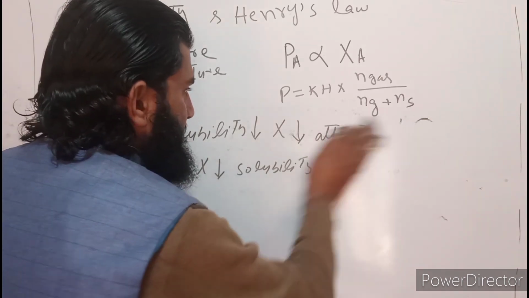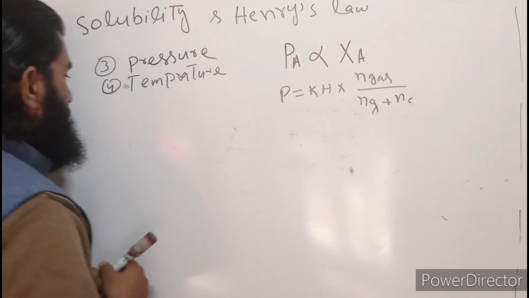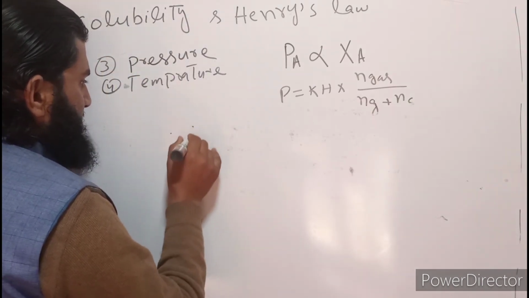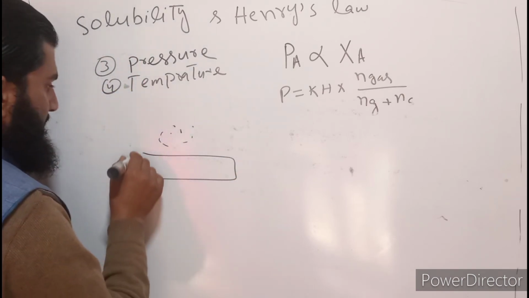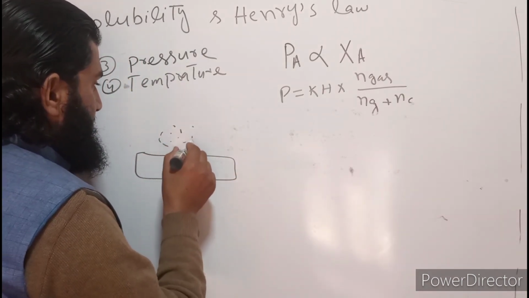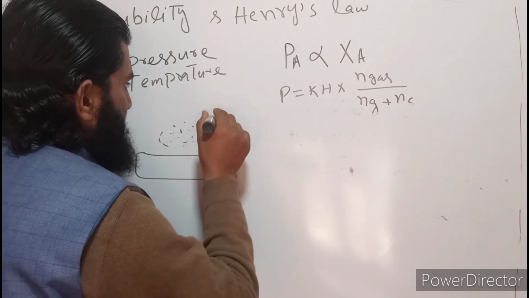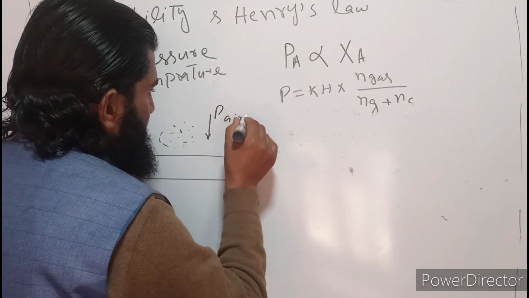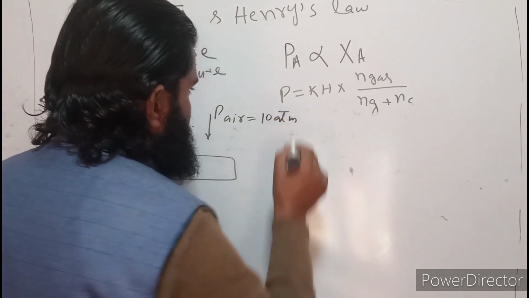Sometimes the examiner can ask a question such that, for example, this is air and this is a pond of water. They say that the pressure of air is approximately 10 atm, for example, or 1 atm.